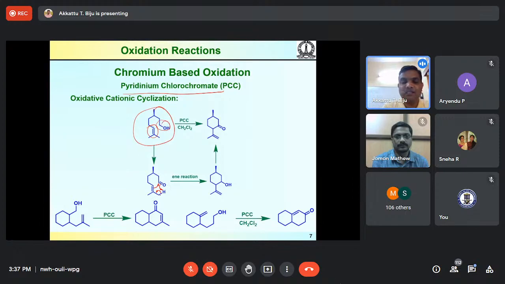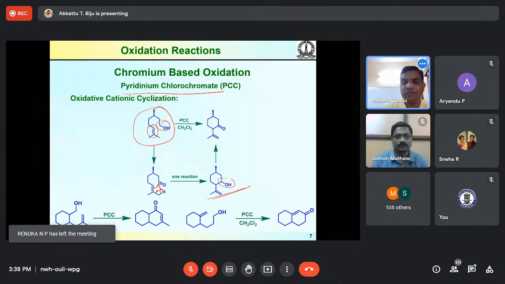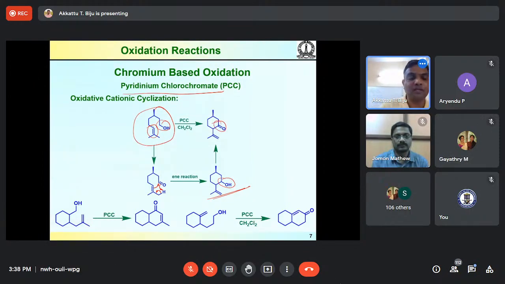And once the aldehyde is formed, it can undergo an ene-type reaction to form this alcohol derivative, and this alcohol can further oxidize to form the ketone. So it can be combined with various functional group transformations. Here also the same thing happens. So the oxidation followed by cyclization can lead to the formation of value-added products.